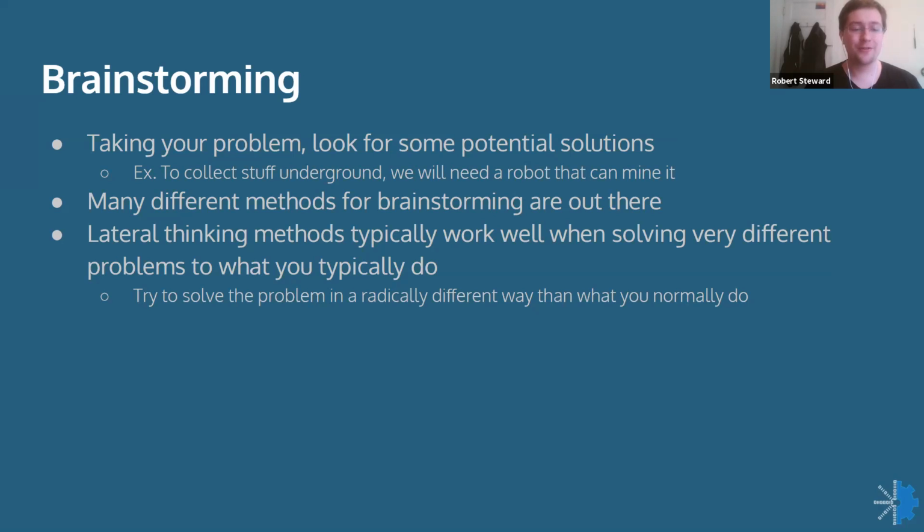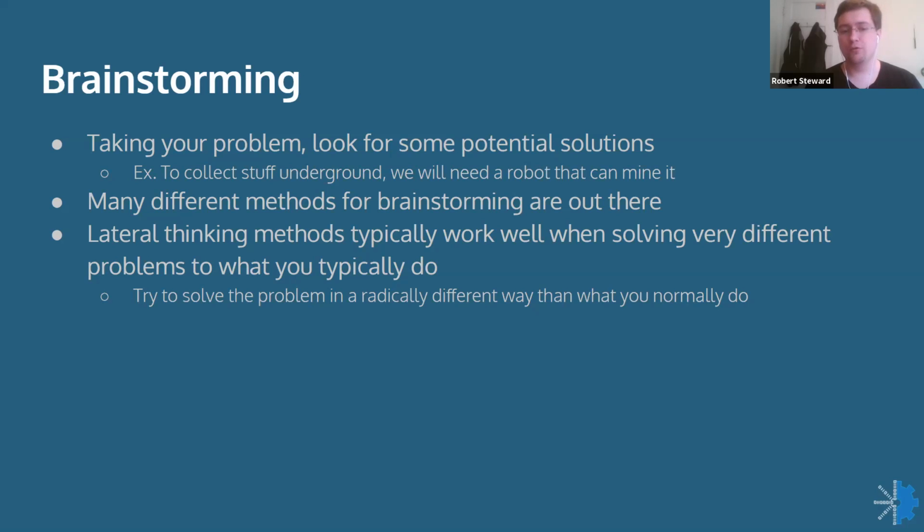One thing that I will say is that lateral thinking methods typically work pretty well when solving problems differently from what you'd normally do. One of those is trying to solve the problem in a radically different way than you normally do. Like I said, obviously knowing what's feasible is important when it comes to making a decision, so if you choose something that's extremely different than what you'd normally do, you may have a little bit of trouble.